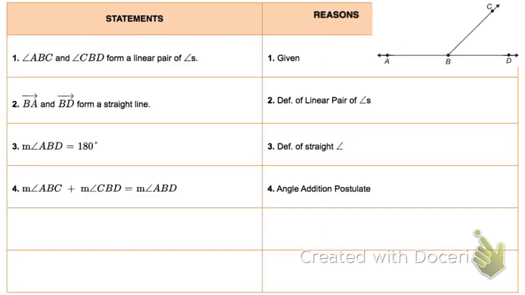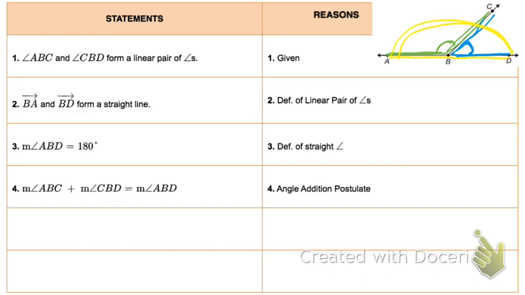So, this is like a separate statement. We know that ABD is 180. Now let's think about the fact that we have two angles here. ABC, this green angle, and this other small angle, CBD, those two angles add up to be this big angle from this to this.